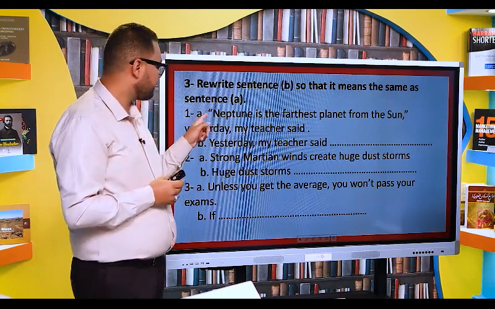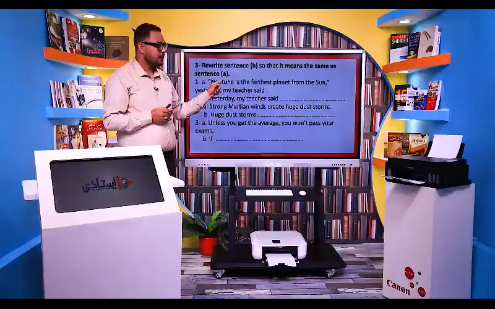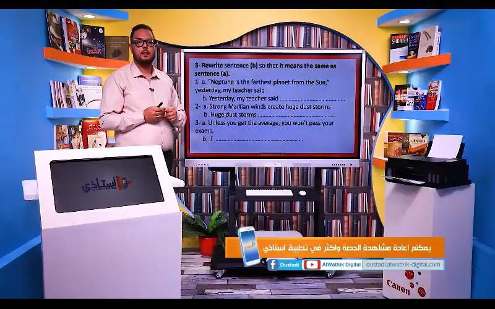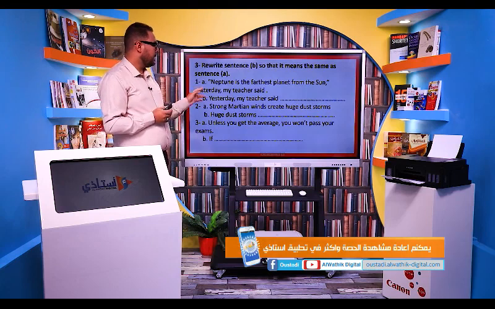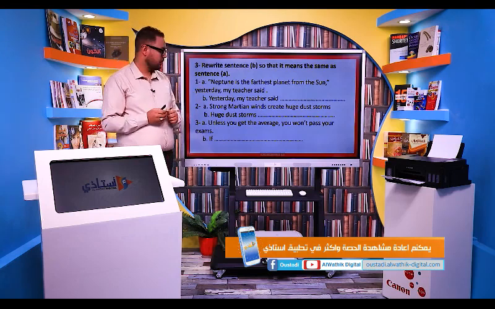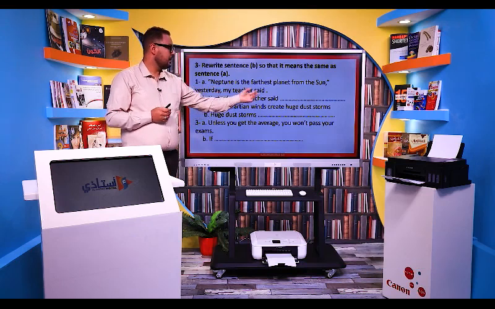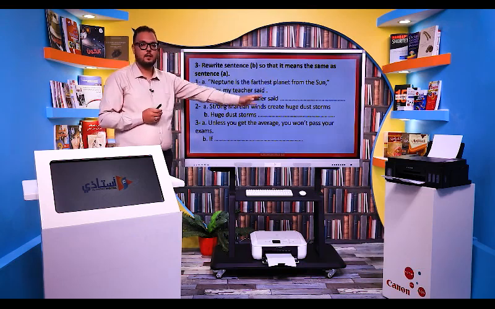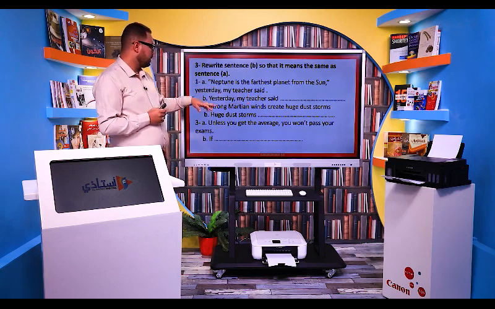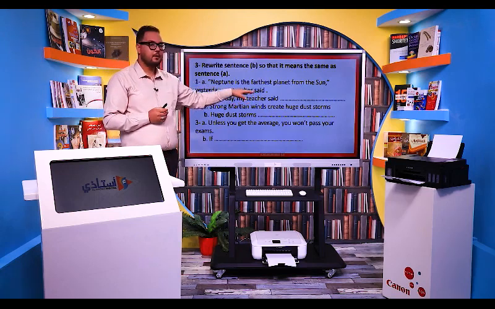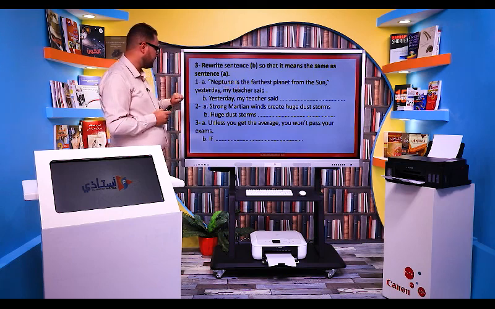Number 3, rewrite sentence B so that it means the same as sentence A. 1. Neptune is the farthest planet from the Sun. Yesterday my teacher said. Starting with yesterday my teacher said, complete the rest of the sentence. So, it should keep the same meaning as the first sentence.